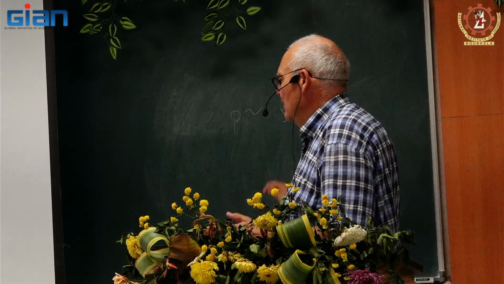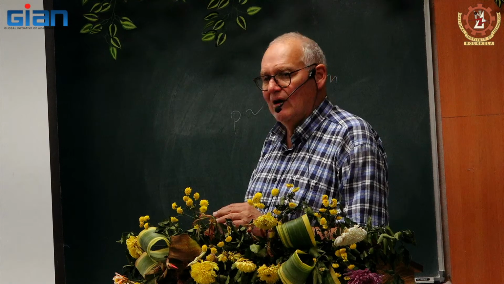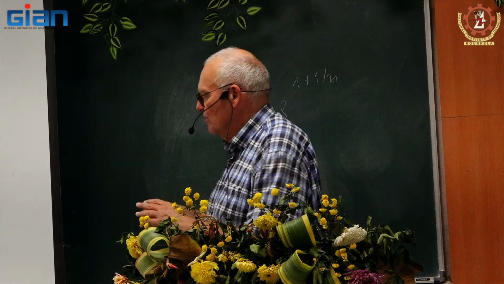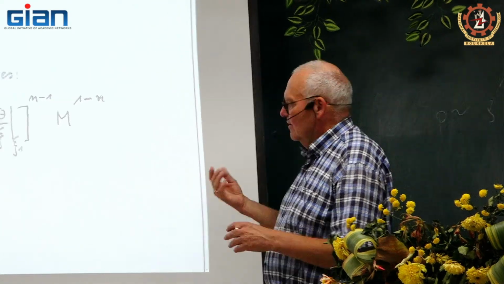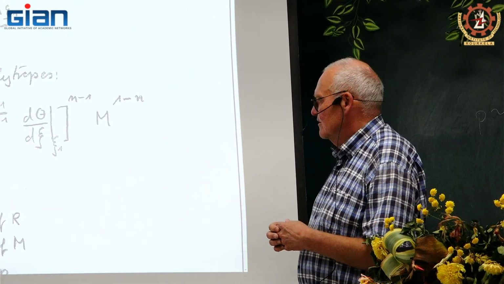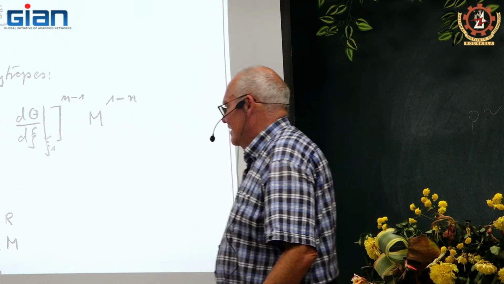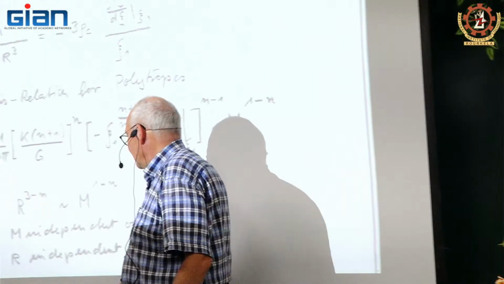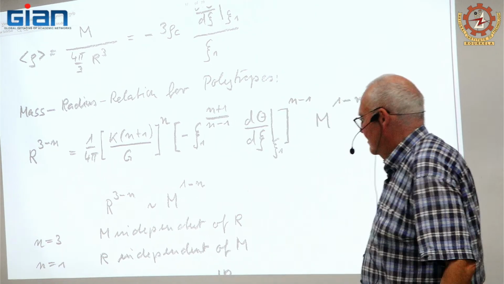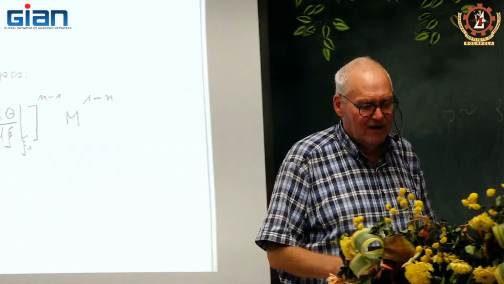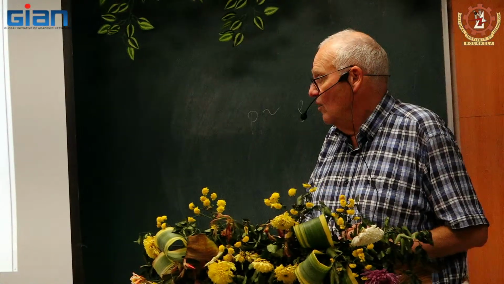So we recover our results from this morning for the polytropic case. On the other hand, if n is equal to 1, then we have a fixed radius. Then the radius is independent of the mass M.